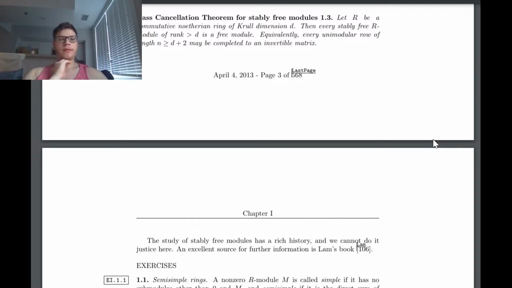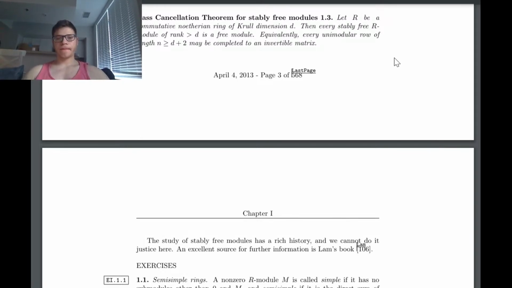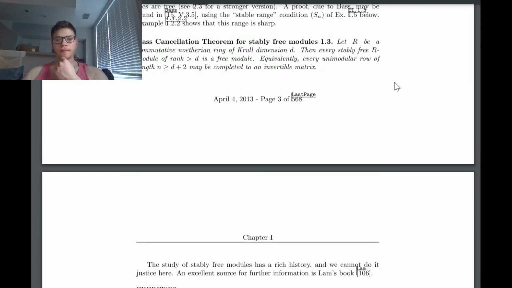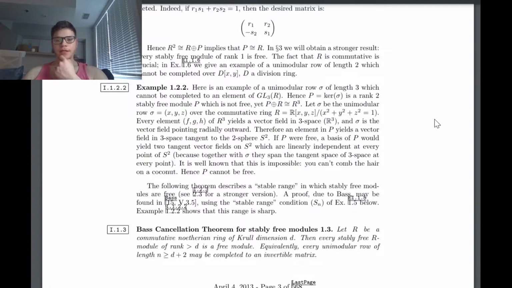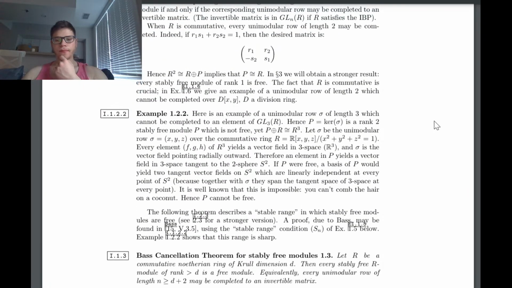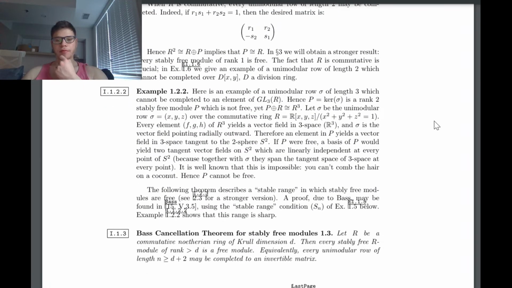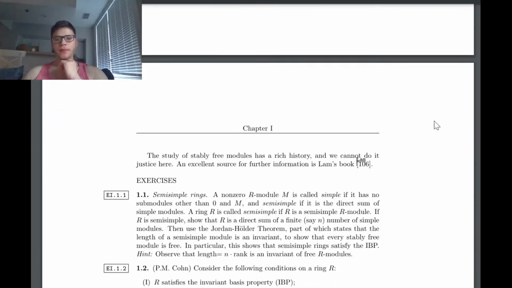Krull dimension D means that there are no chains of more than D prime ideals. Every stably free R-module of rank more than D is a free module. Equivalently, every unimodular row of length n greater than or equal to D plus 2 may be completed to an invertible matrix. Why D plus 2? Oh, okay, yeah. That's right.